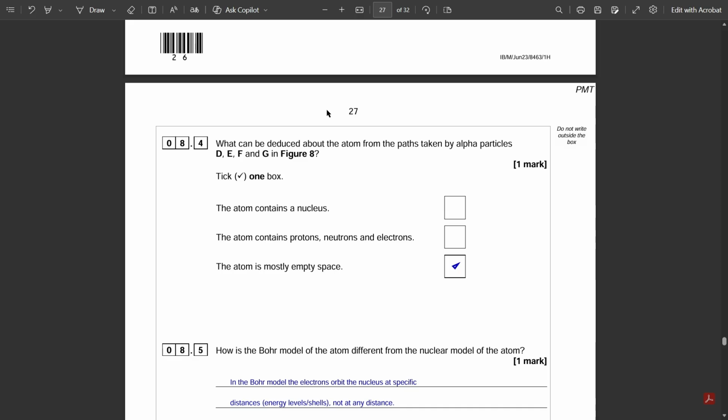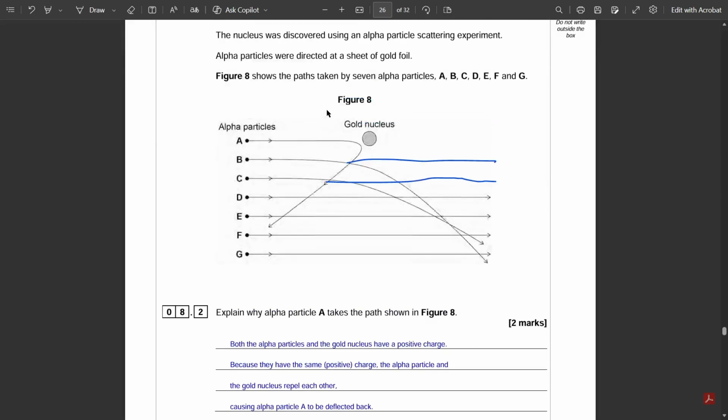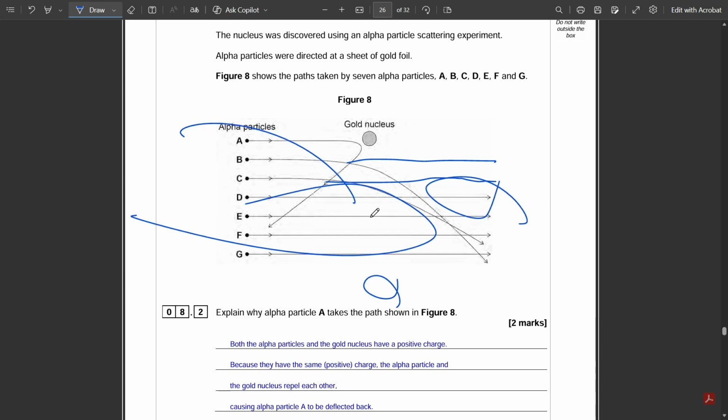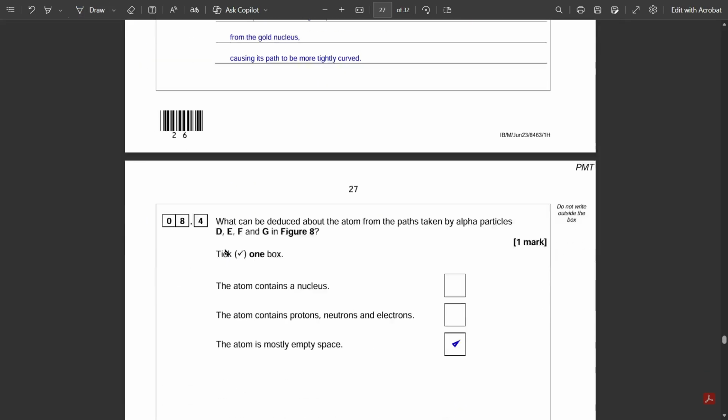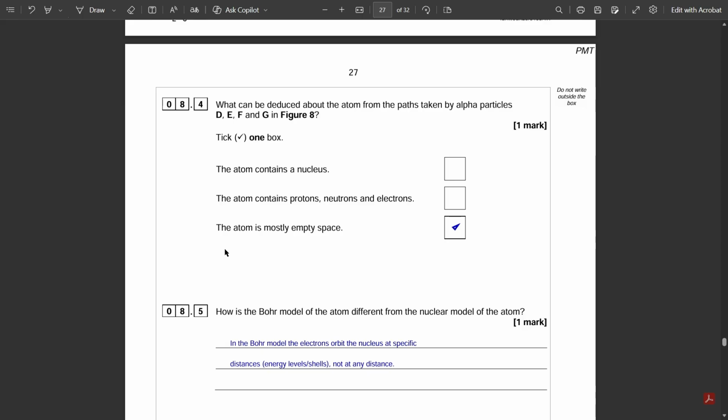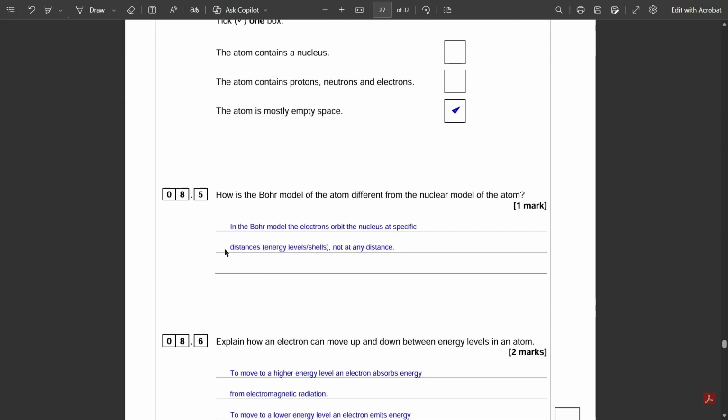Well, that's because the atom is mostly empty space. Like if there were gold nuclei everywhere, everything would be redirected and go away. But the alpha particles, most of them going straight through unaffected, means the atom is mostly empty space.